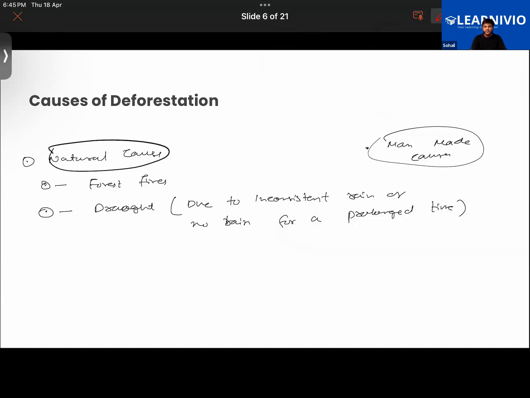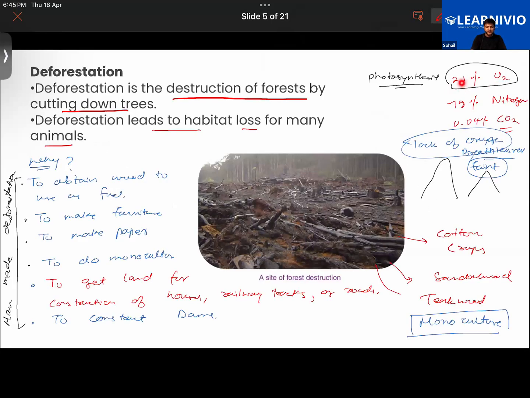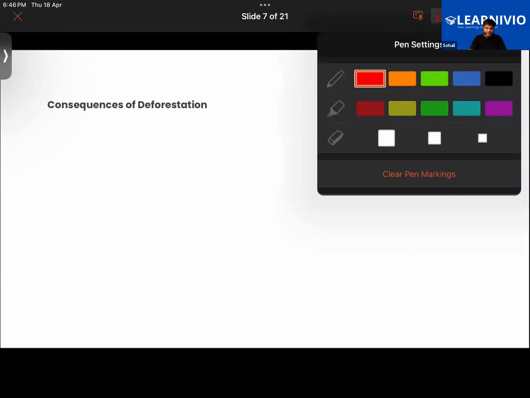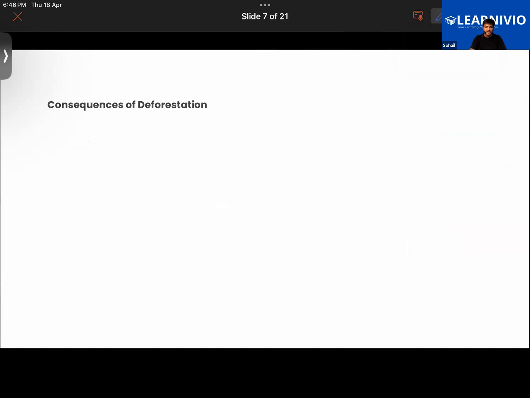Apart from that, you know that plants maintain the balance of oxygen in the atmosphere. So this composition of oxygen in the atmosphere will also be disturbed, right? And talking about the consequences of deforestation, let's understand what they are going to be.